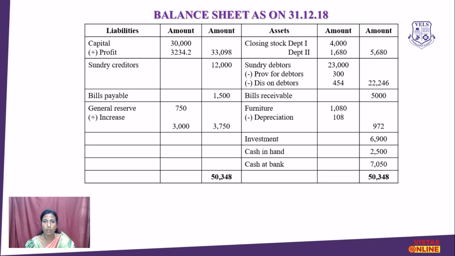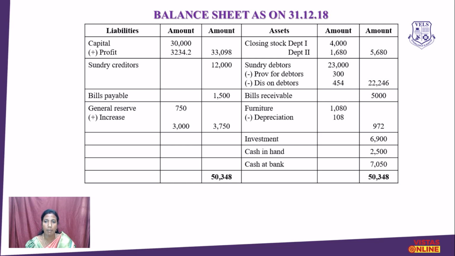In asset side, closing stock of department 1 and 2, 4,000 plus 1,680, that is 5,680 rupees. Sundry debtors 23,000 minus provision on debtors, discount on debtors. These are the categories we should minus, 300 plus 554, that is the 754 rupees you should minus in sundry debtors. 23,000 minus 754 rupees equal to 22,246, that is the final value of sundry debtors.